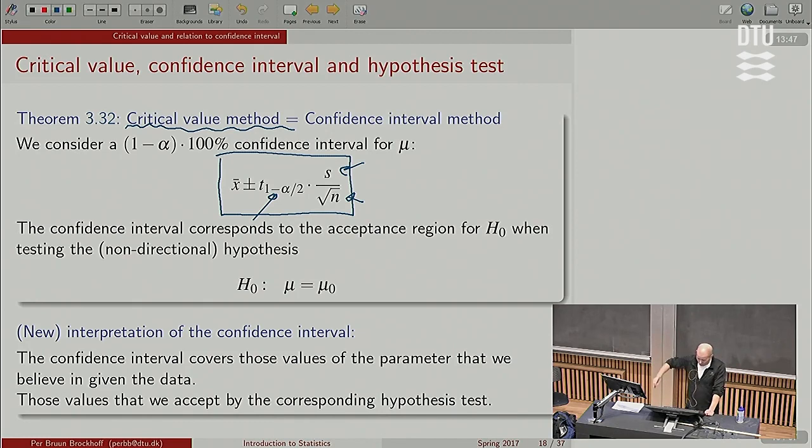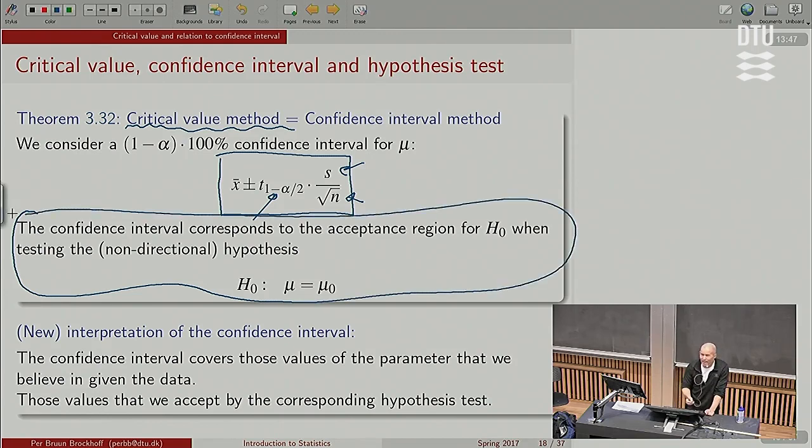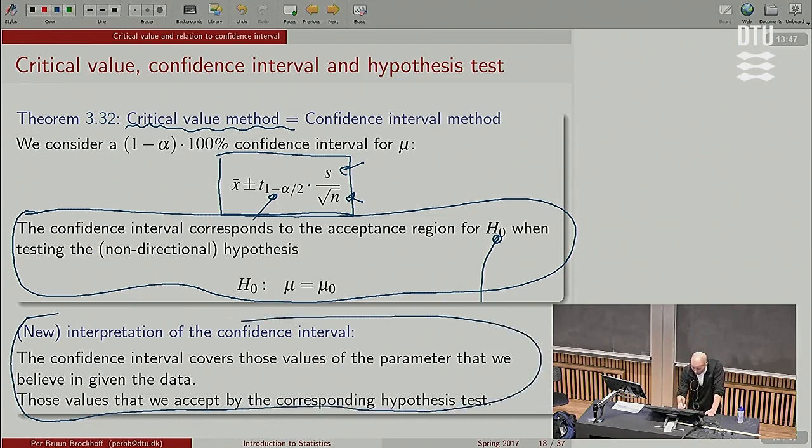Now, this theorem states that the confidence intervals are exactly those possible values of the mean that we accept by the hypothesis. And again, if you think, is that not just obvious? Then fine, yes, it's obvious. But maybe not the first time, maybe not until you were told it's obvious.